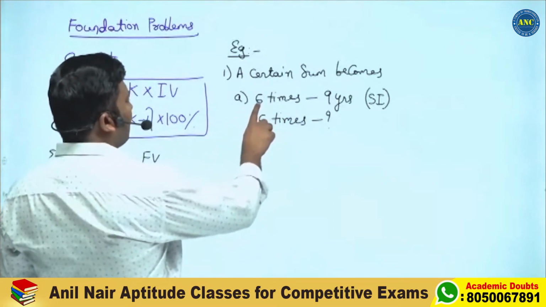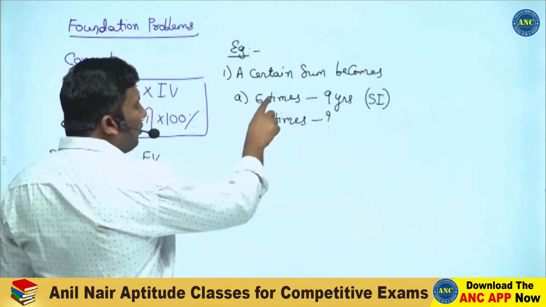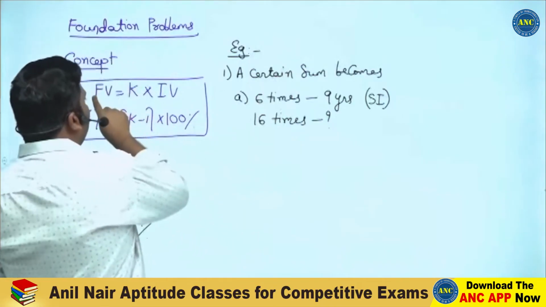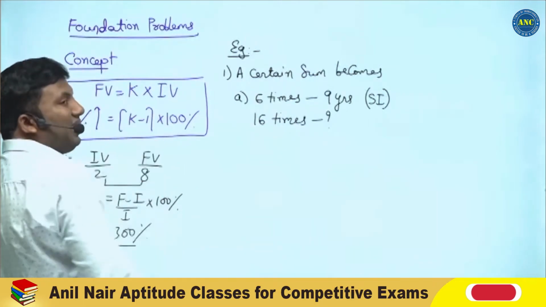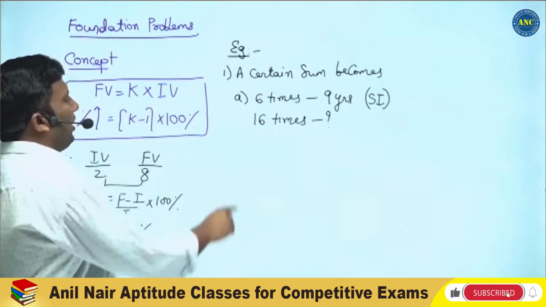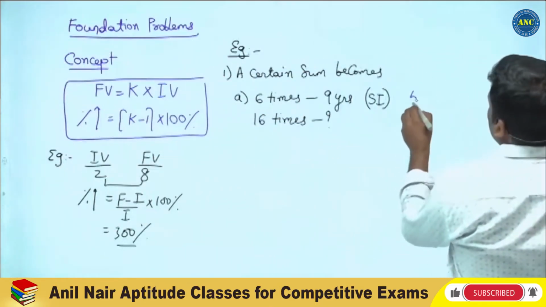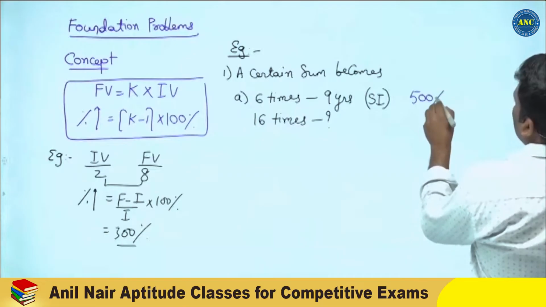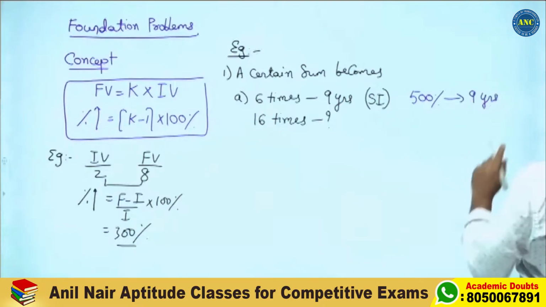First read the definition. A certain sum becomes 6 times. Final value is becoming 6 times. If the final value is becoming k times, percentage increase is (k minus 1) into 100. So it will be 6 minus 1, 500 percentage in 9 years.